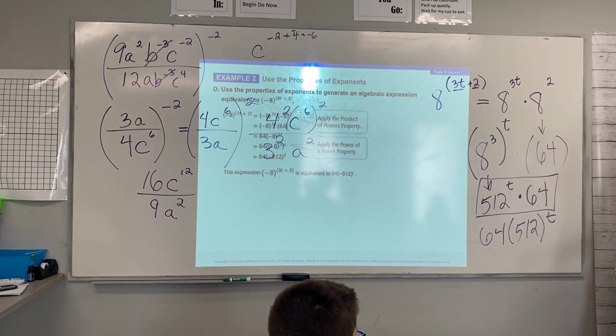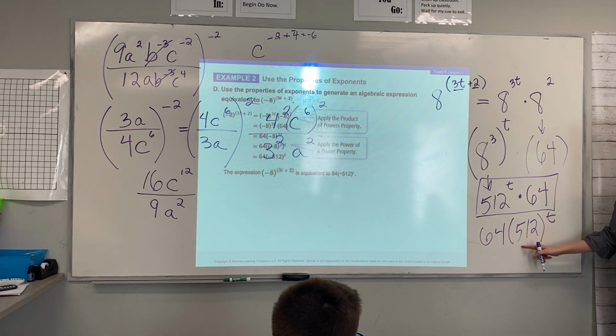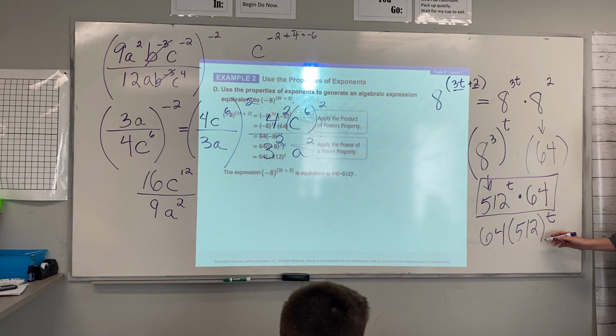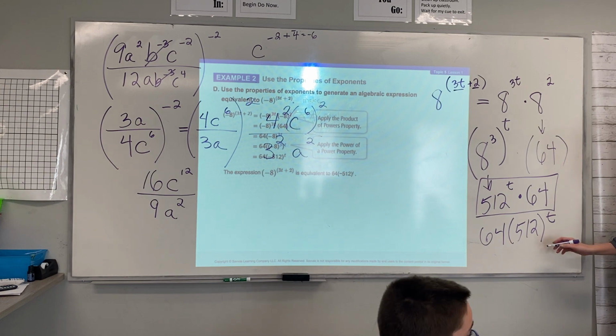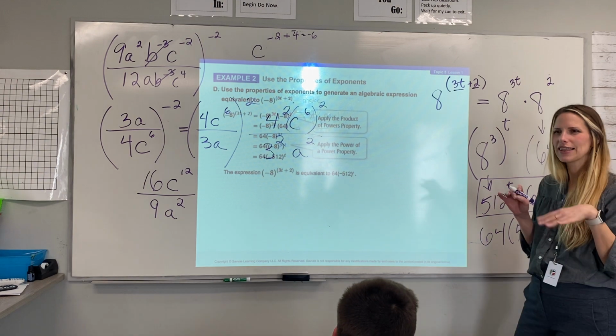They can't combine because it would be 512 to the power of t, and since they're not like terms, you can't combine them. I think you guys are all in the same country as the answer.